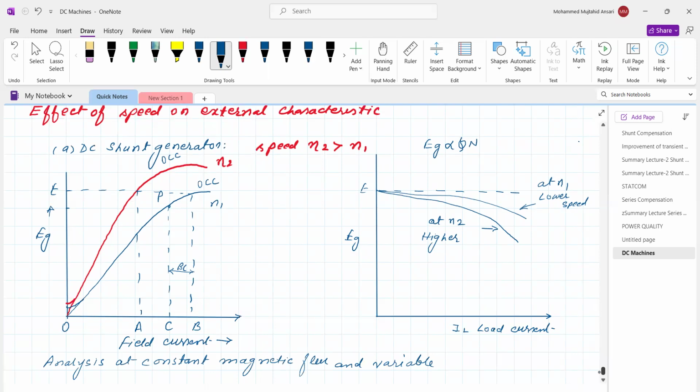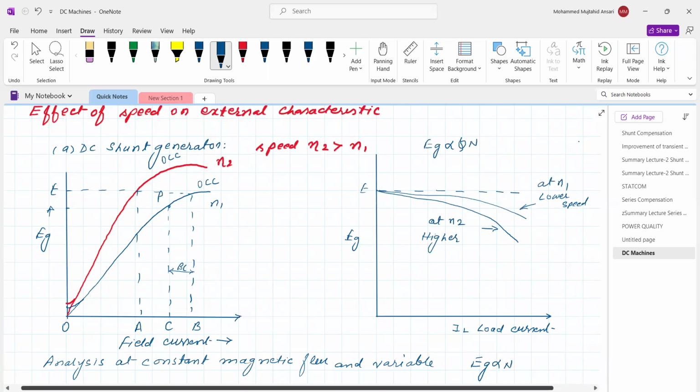Now, analysis at constant magnetic flux and variable speed. It means that the EMF generated is directly proportional to speed. This is the effect of speed. We are going to observe the effect of speed on the external characteristic of the DC generator. So this is the open circuit characteristic at some particular speed, say N1 RPM, whereas this is the higher open circuit voltage.